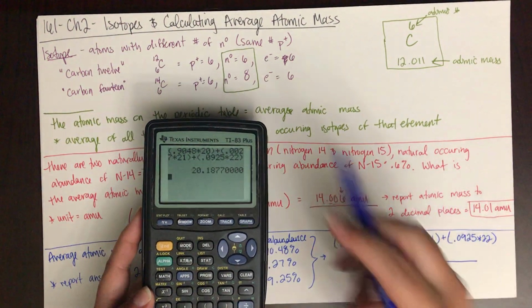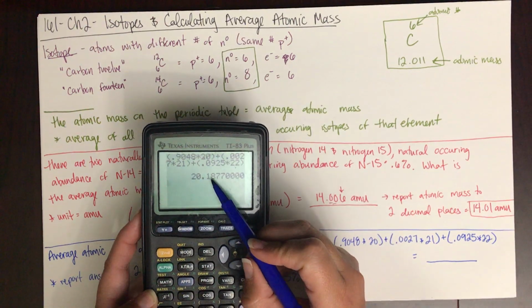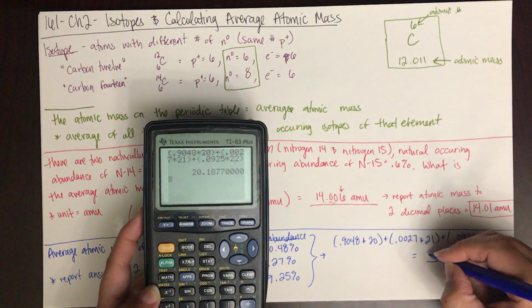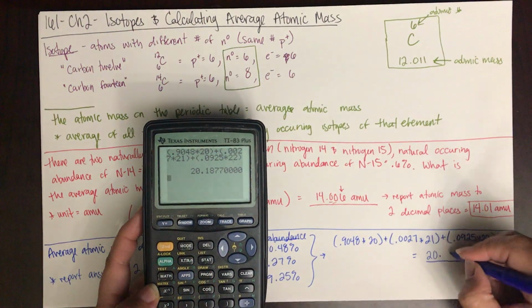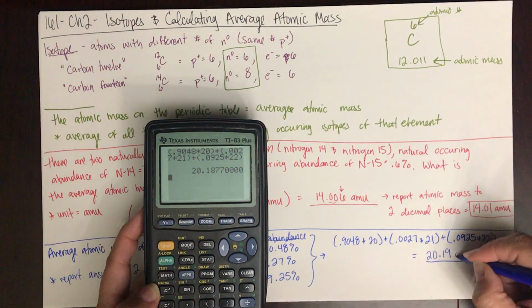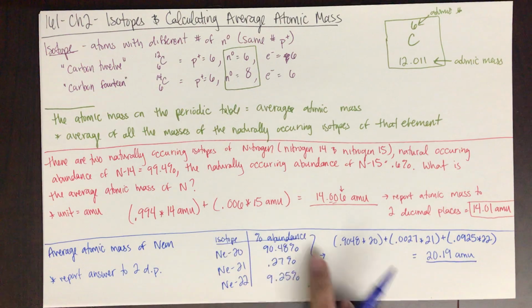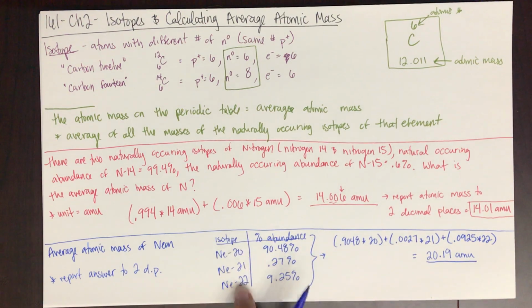And I'm going to report this to 2 decimal places, so I'll look 1, 2, and then I'll look at the next one, and it's 5 or above. So I'm going to say 20.19 AMU. That's the average atomic mass of neon based on the relative percent abundances of these 3 neon isotopes.